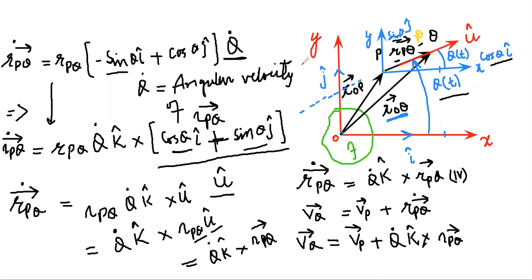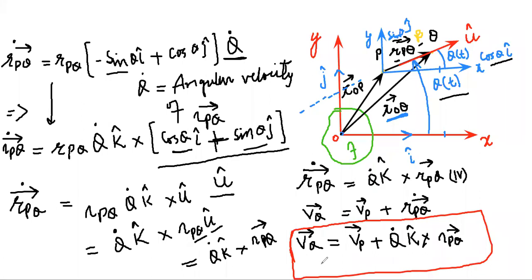This expression is very, very important for us. It gives us the relationship between the velocity of 2 points of the same rigid body as measured from the ground frame of reference.